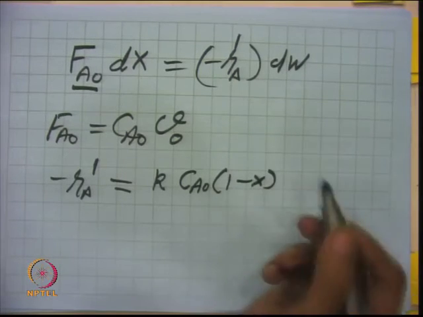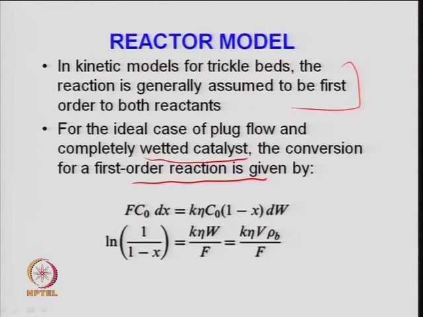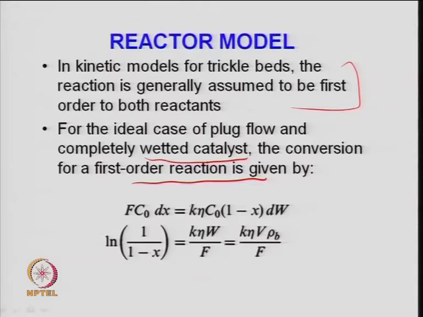Basically, C A naught written here is the concentration of A at the inlet, and here it is written in terms of the volumetric feed rate, which is the same expression. Then we have the rate constant times the effectiveness factor times the concentration at any point, so this is C A naught times 1 minus x A.